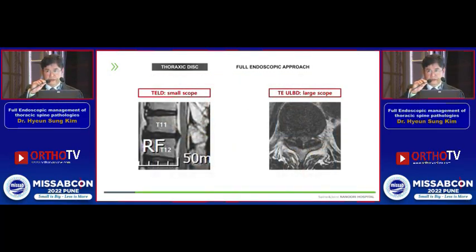In the thoracic area, for the full endoscopic approach, we can use a small scope and a large scope. For disc pathology, we can manage with the small scope. But for ossified, calcified ligamentum, we need a larger scope to safely approach and decompress the posterior part.